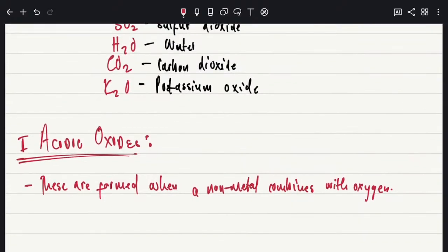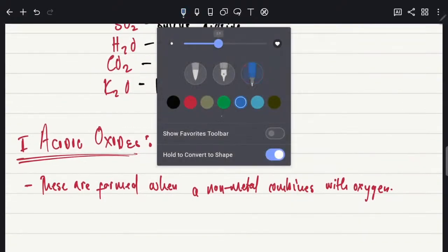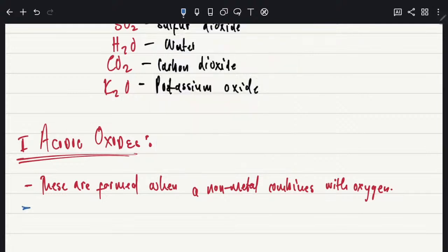Okay? And this is why fizzy drinks are dangerous. Common examples. What makes a fizzy drink go fizzy, the effervescence, is carbon dioxide. But guess what he is? He is acidic.